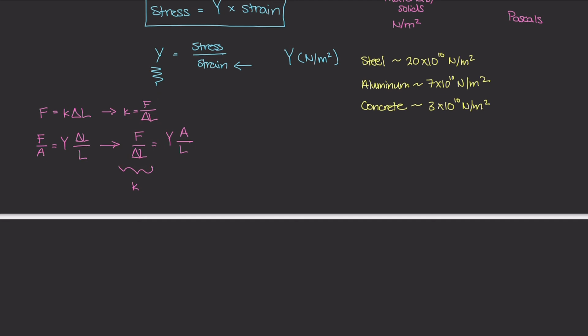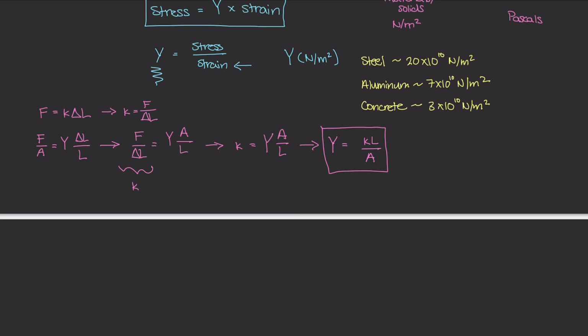So this equation down here really becomes K, which is our spring constant, is equal to Y, Young's modulus, times A over L. And if we solve this equation for Y, we get that Young's modulus is equal to K times L over A. And this is probably a more common relationship that you might see in textbooks or lectures.